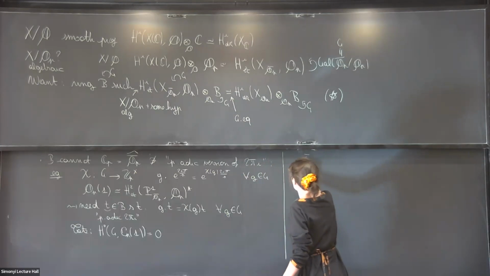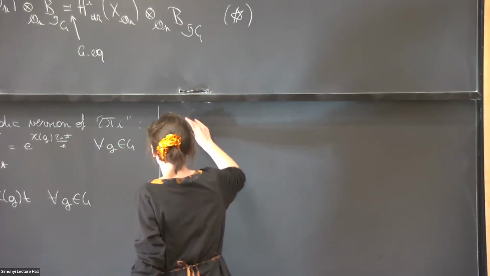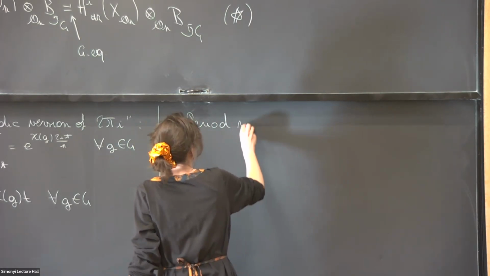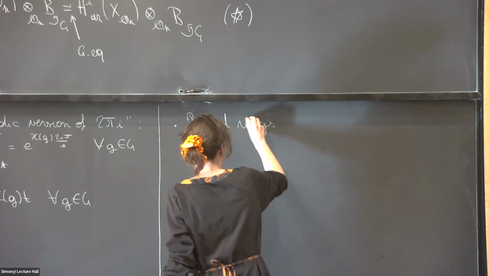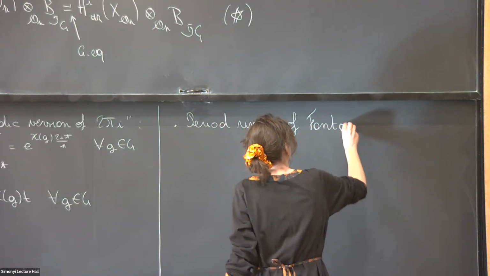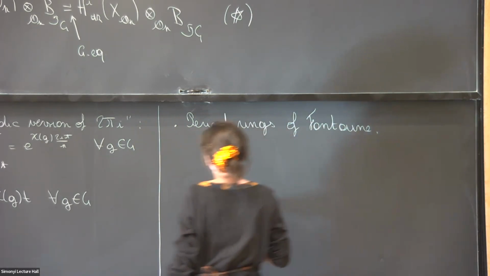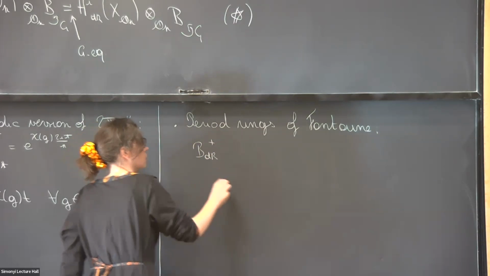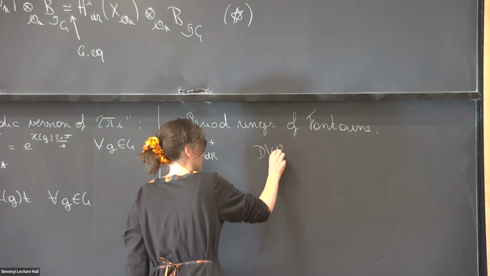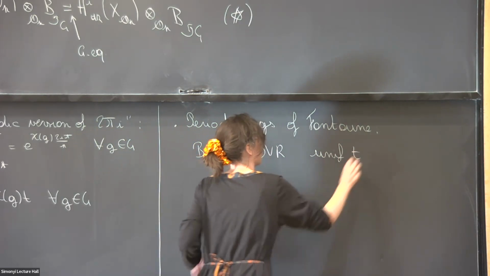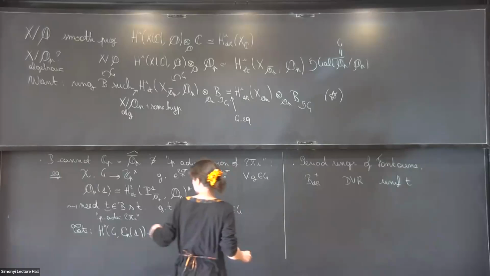And this is why we will use what we call the period rings of Fontaine. The first one is the de Rham period ring B_dR. This is a discrete valuation ring, and we have a uniformizer t, and this t is this element 2 pi i.